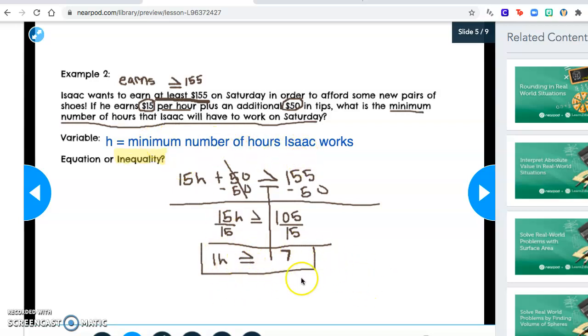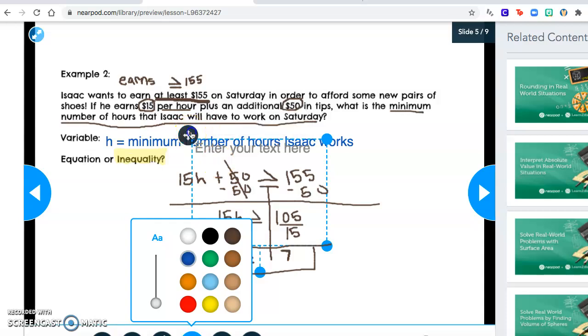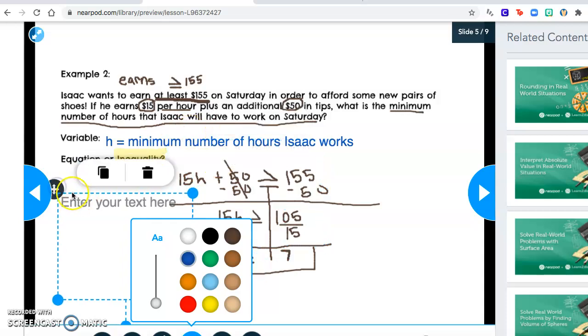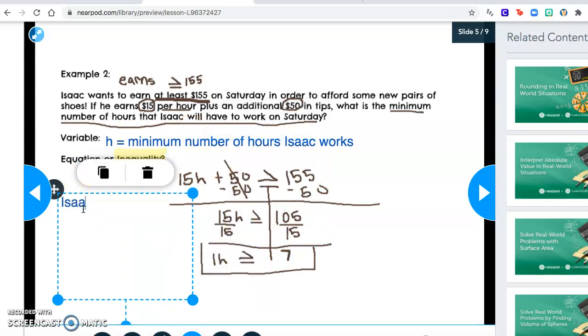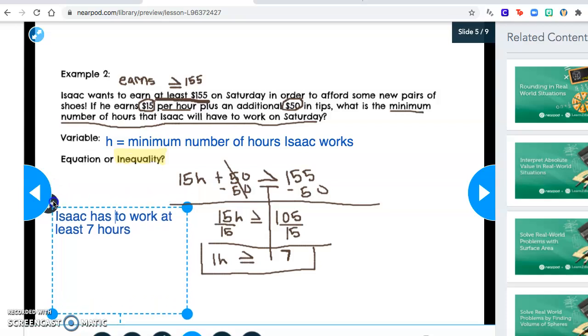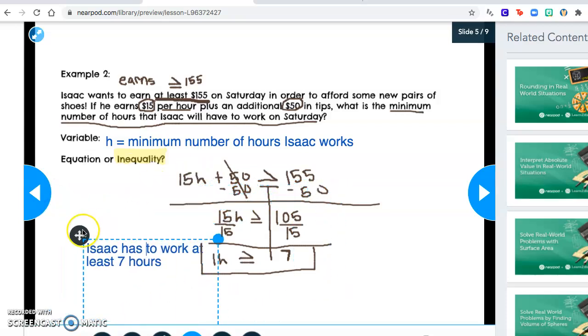So here he has to work at least 7 hours. On the side here, we could go ahead and write Isaac has to work at least 7 hours. So H has to be 7.